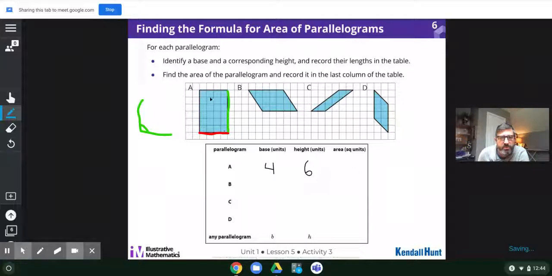And we need to count those squares in there. So we've got 1, 2, 3, 4, 5, 6, 7, 8, 9, 10, 11, 12, 13, 14, 15, 16, 17, 18, 19, 20, 21, 22, 23, and 24. So that would be our area in square units. Okay, so let's look at B.